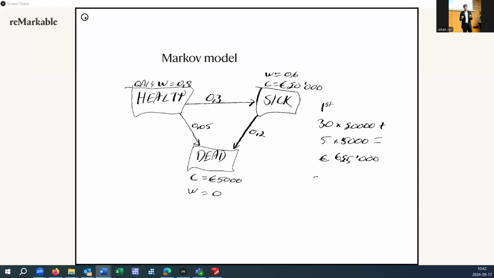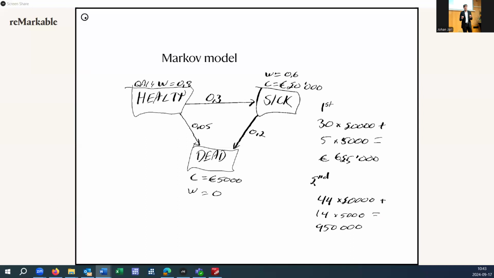In the second cycle, the following cost will occur. We will have 44 individuals in the sick health state at a cost of 20,000. We will have 14 individuals in the dead state, and this will total to 950,000.